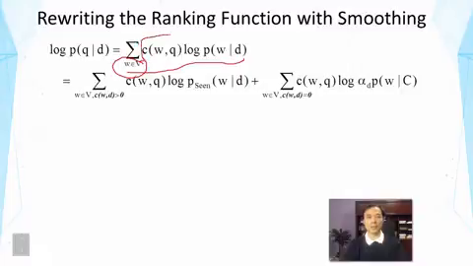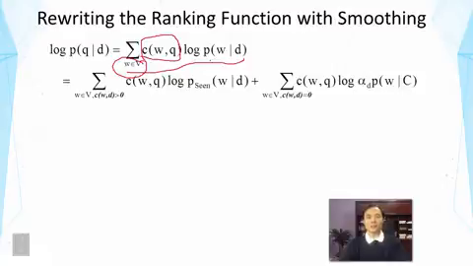But note that we have a count of the word in the query. So in effect, we are just taking a sum of query words. Right? This is now a common way that we will use because of its convenience in some transformations. So this is, as I said, a sum over all the query words.